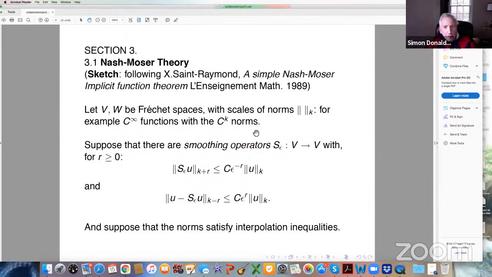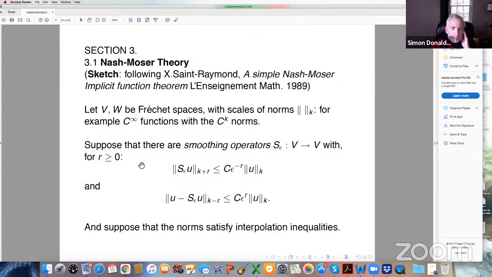And then the other piece of structure we need are smoothing operators acting on one of the spaces V, depending on the parameter epsilon, which have the property that they improve the smoothness.